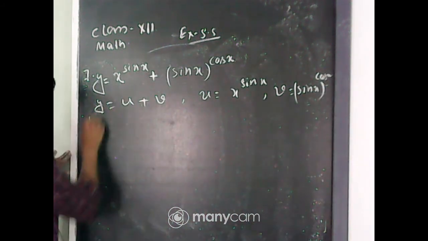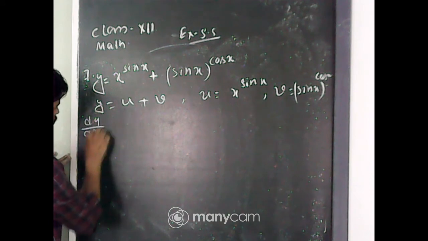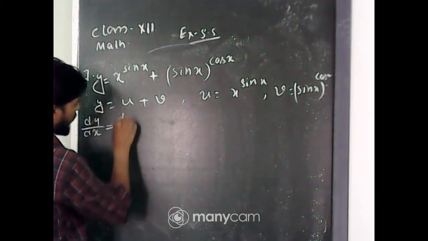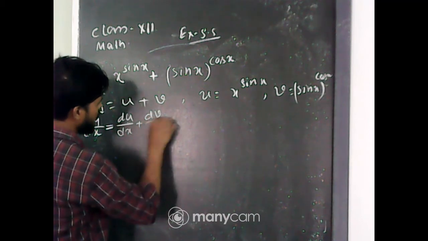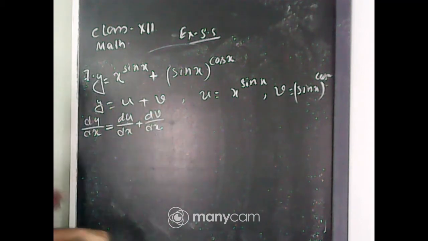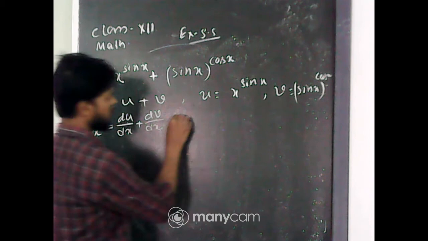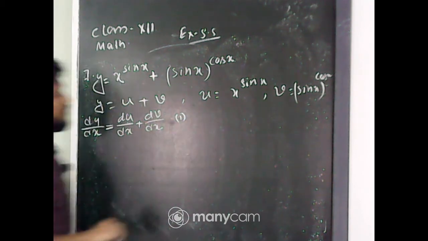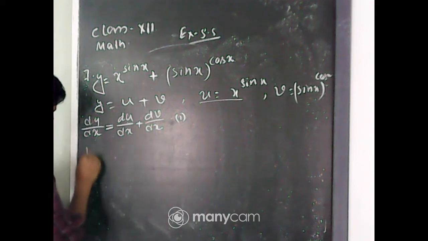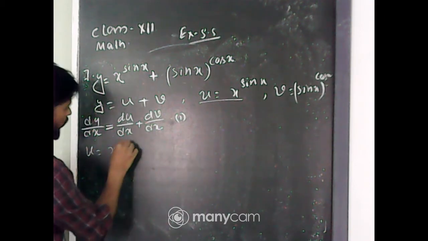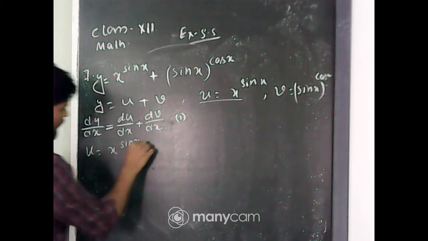Now from here, if I do the differentiation, dy/dx will be du/dx plus dv/dx. So let us number this as equation number 1. Now start with this. We know u equal to x to the power sin x.